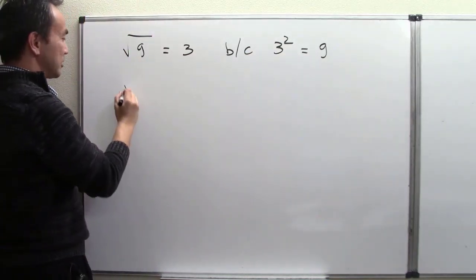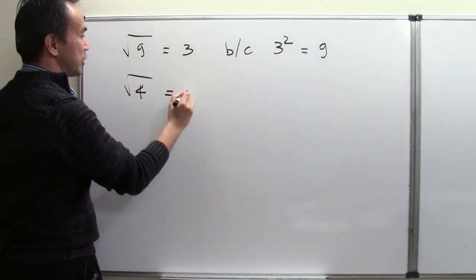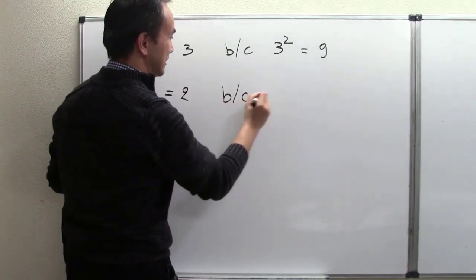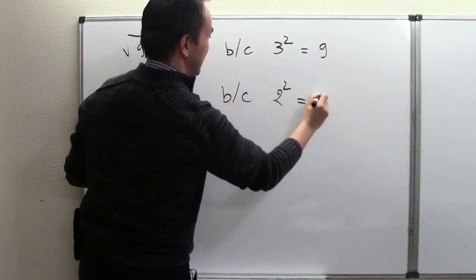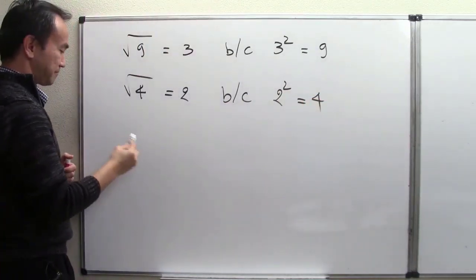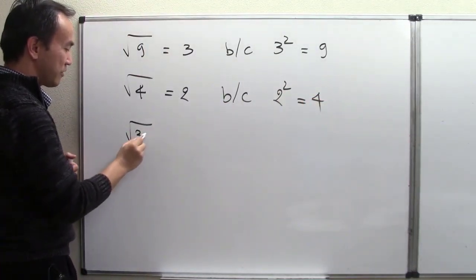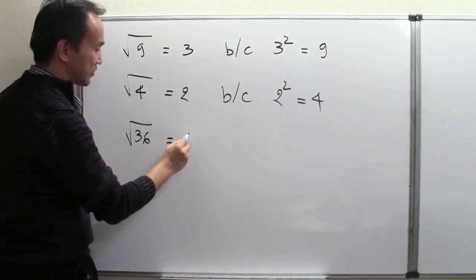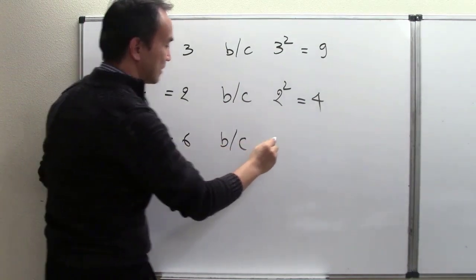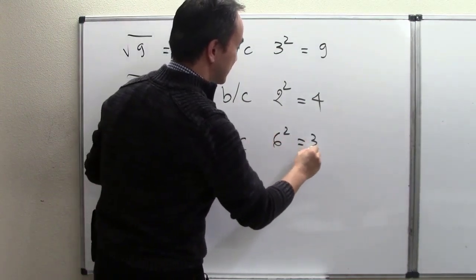Similarly, the square root of 4 equals 2, simply because 2 squared equals 4. And needless to say, the square root of 36 equals 6, because 6 squared equals 36.